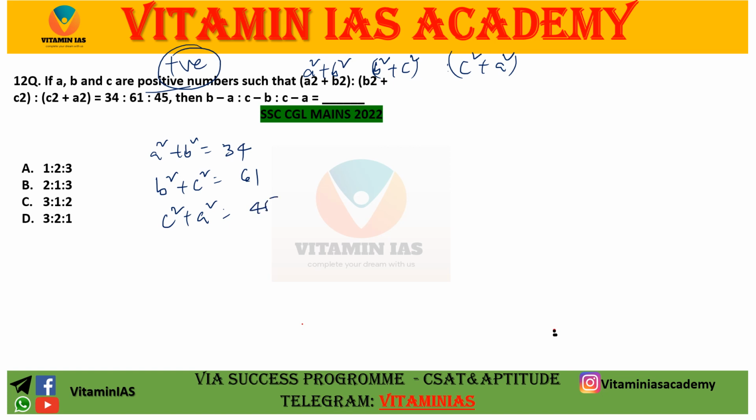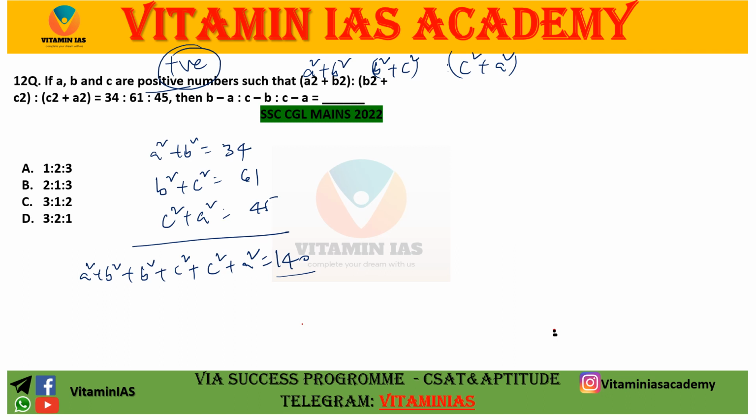So if you combine all of them, then what will you get? A square plus B square plus B square plus C square plus C square plus A square is equal to how much? 140 will come, because 34 plus 61 plus 45 is 140.